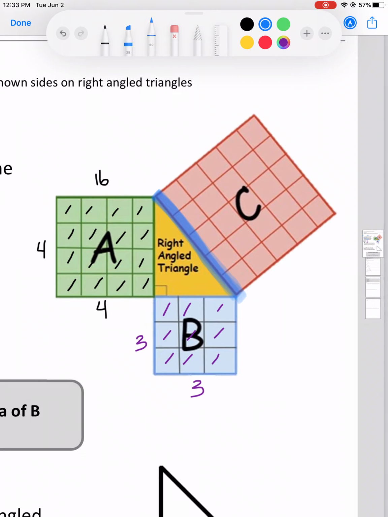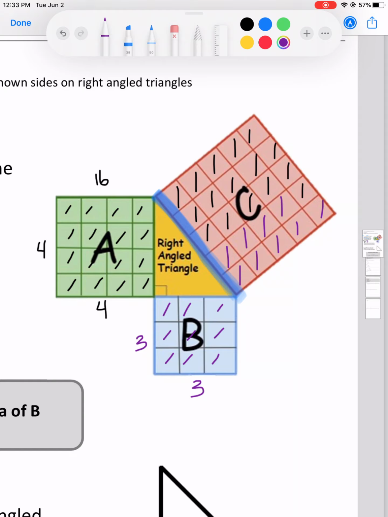I'm going to go back to black because that's what I used for A, just for colors. There were 16 blocks there, so I'm going to count 16 again: 1, 2, 3, 4, 5, 6, 7, 8, 9, 10, 11, 12, 13, 14, 15, 16. Now I'm going to go back to purple, because that's what I used for B, and count out 9: 1, 2, 3, 4, 5, 6, 7, 8, 9.